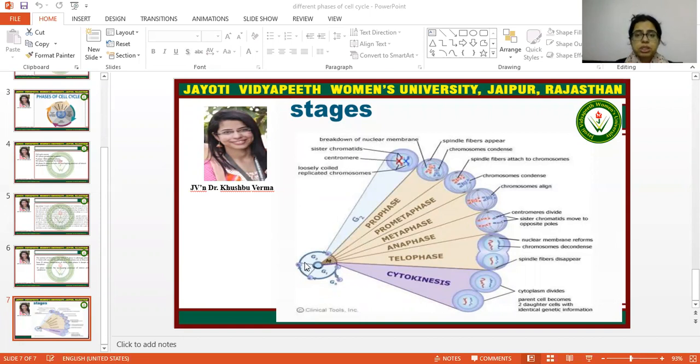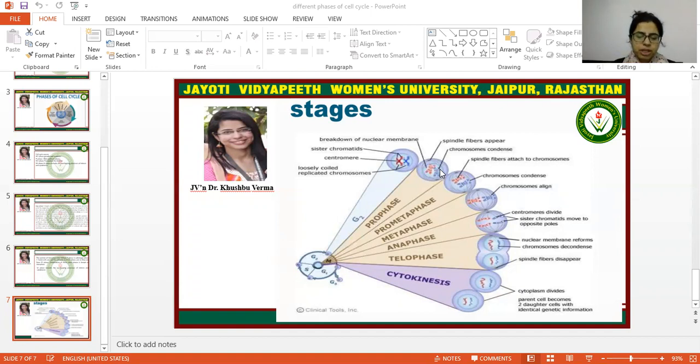cell division process are prepared during the G2 phase. After successful completion of the G2 phase, the cell undergoes mitosis, especially the prophase stage, where the cell membrane starts to degrade, spindle fibers start to appear, chromosomes condense, and the nucleolus starts to disappear along with the nuclear membrane.